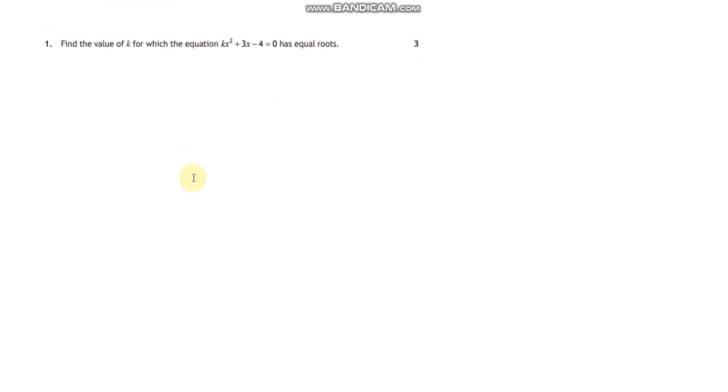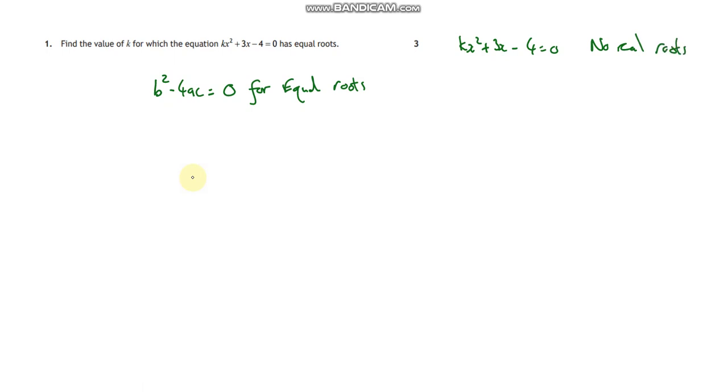Anyway, find the value of k where we've got equal roots. So first thing I'd be saying is that b squared minus 4ac is equal to 0 for equal roots. Okay, and actually I'm going to run this in tandem with the question kx squared plus 3x take away 4 equals 0 has no real roots. I'm just going to do that next to it just to show you the differences. Okay, so again, I'd be saying b squared minus 4ac is less than 0 for no real roots, right?